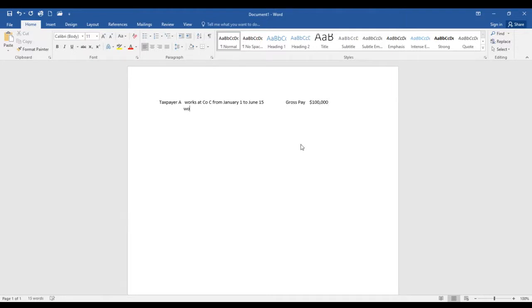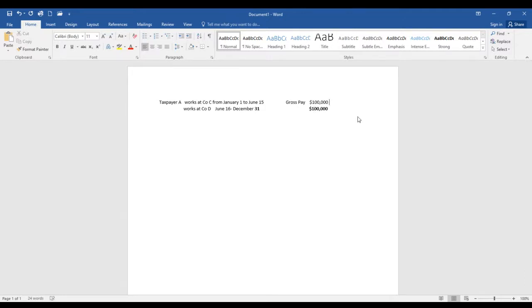And they switch jobs. For the rest of the year, from June 16th through December 31st, they work at Company D and they earn another $100,000. Okay, so for 2021, their total wages would be $200,000.